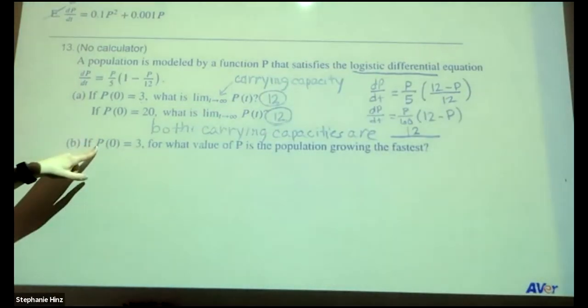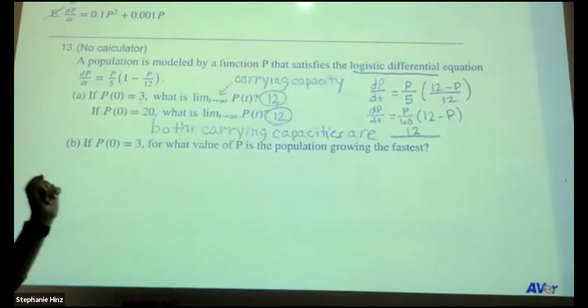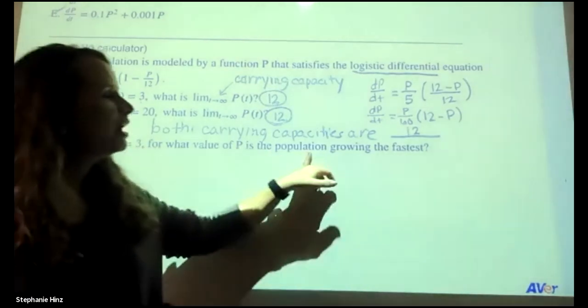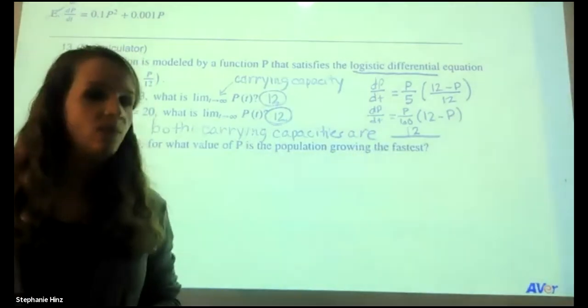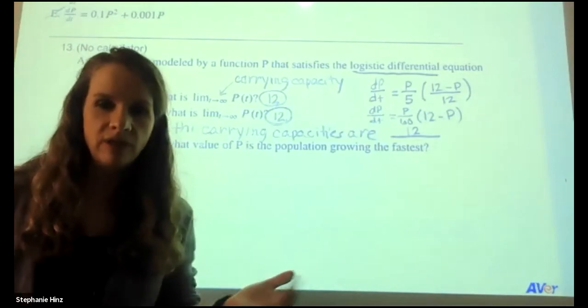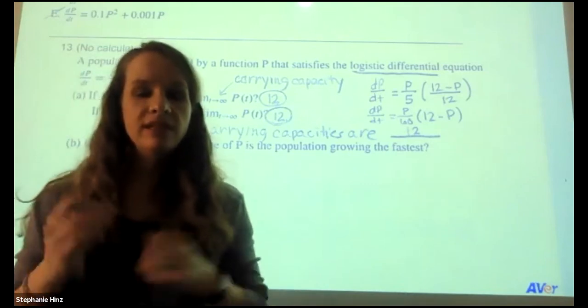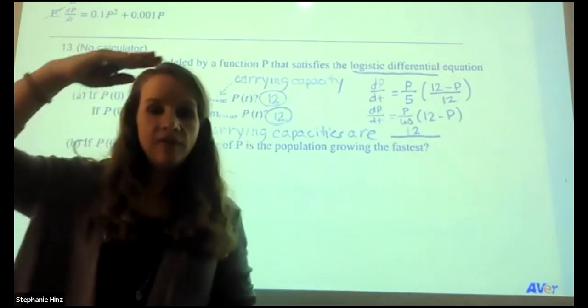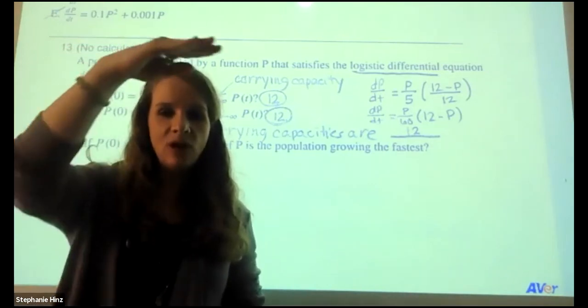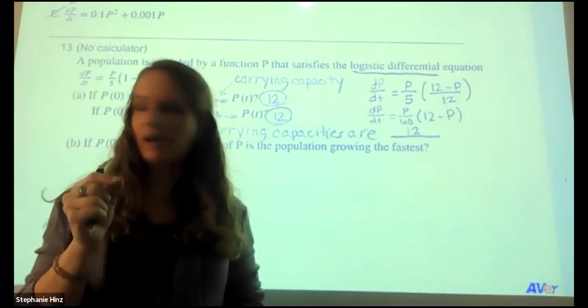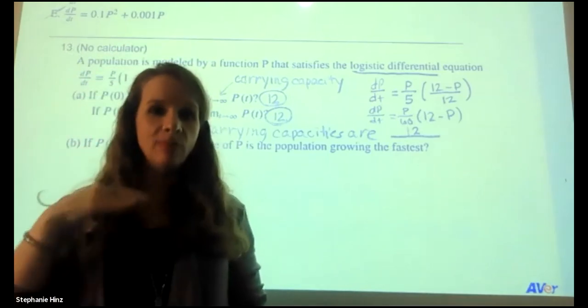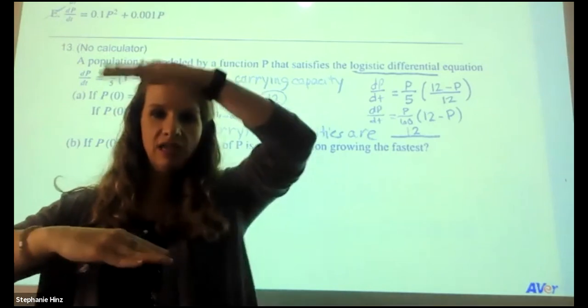And now it says, if P of 0 equals 3, for what value of P is the population growing the fastest? My students were all over the map on this one when they saw this question. They're like, I don't know what that means. And so this is the idea that if you have a carrying capacity and it is logistic growth, the maximum growth rate is going to happen at exactly halfway between the start and the finish.